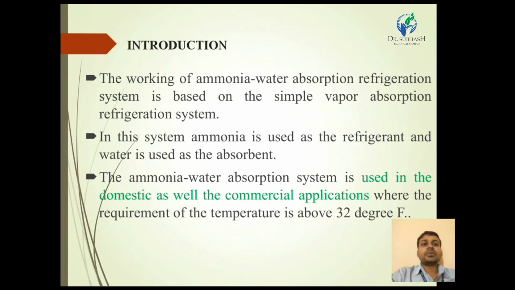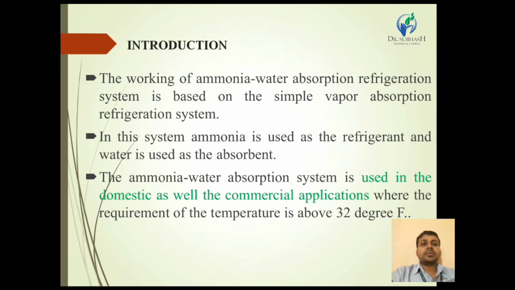Introduction. The working of the ammonia water absorption refrigeration system is based on the simple vapor absorption refrigeration system. It uses ammonia as the working refrigerant fluid and water as the working absorber fluid.